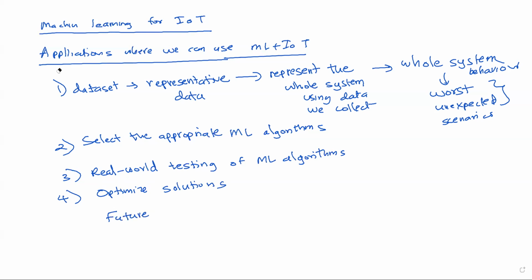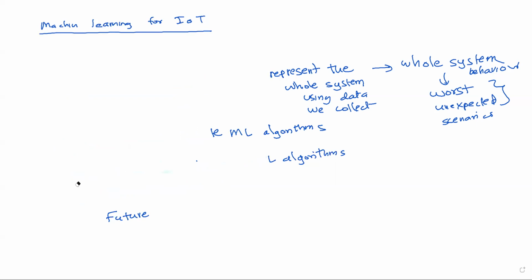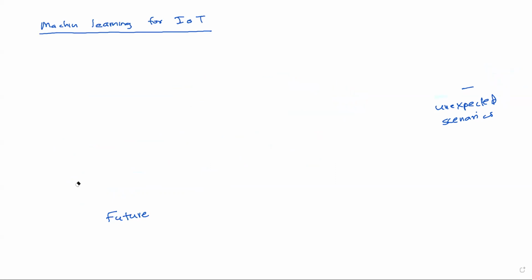And then we have future trends. When we talk about IoT applications, there are trends that we can observe happening in the world currently with regard to machine learning and IoT.